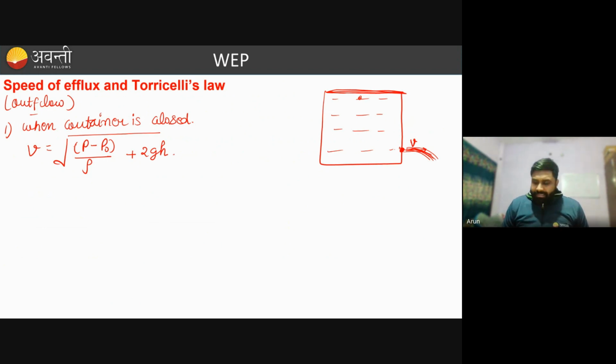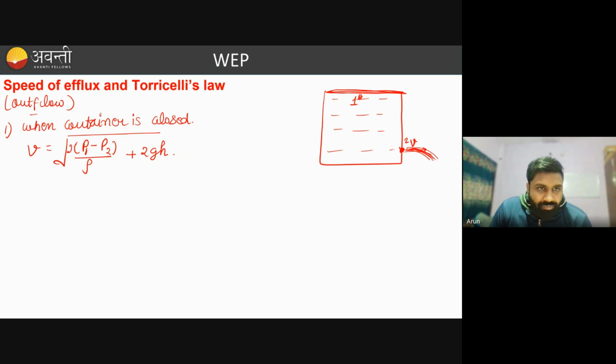Here, P is the pressure, or I will write it as P1 minus P2 so that you will understand it better. This is P1, this is P2. This point is 1, this point is 2. The pressure at this point is P1, and the pressure at this orifice or hole, you will consider P2.